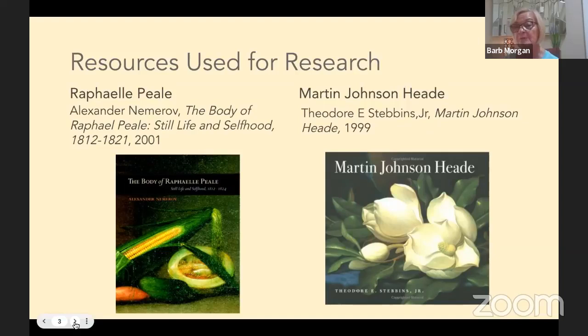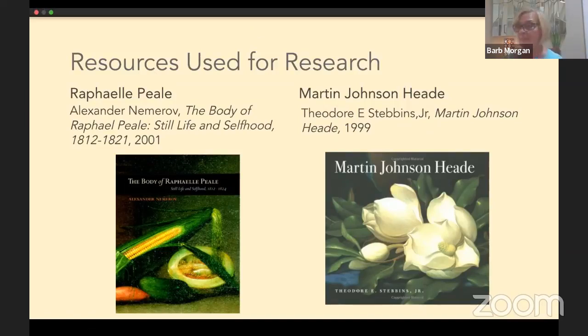The second book, for the latter part of my presentation, is Martin Johnson Heade, by Theodore Stebbins, a pretty well-known art historian, so I'm sure some of you are familiar with his work. Predominantly, he's done a lot on Heade.